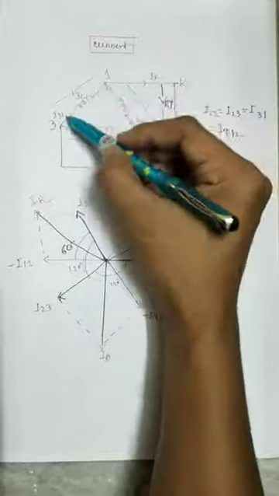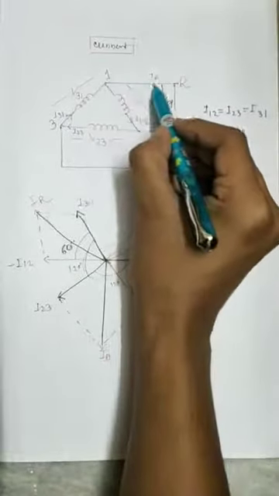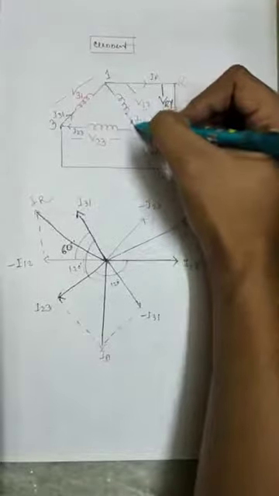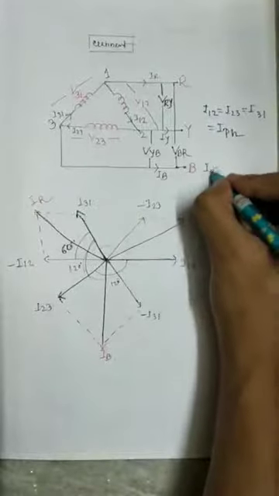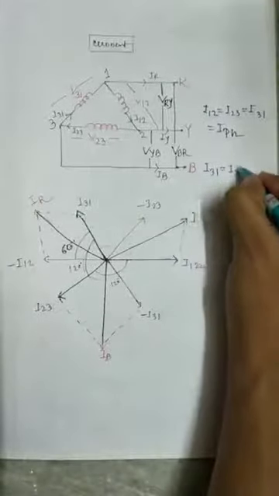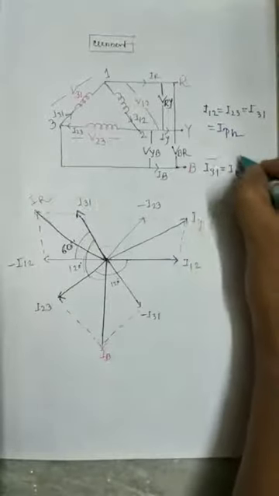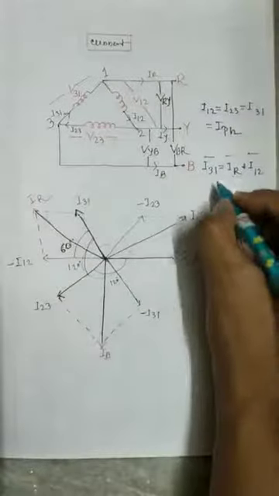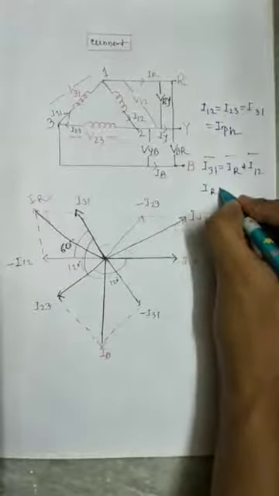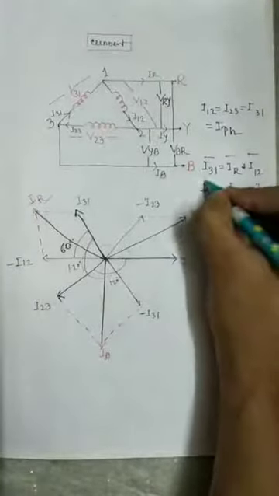So I31 equals IR plus I12, and their vector difference is given by IR equals I31 minus I12.